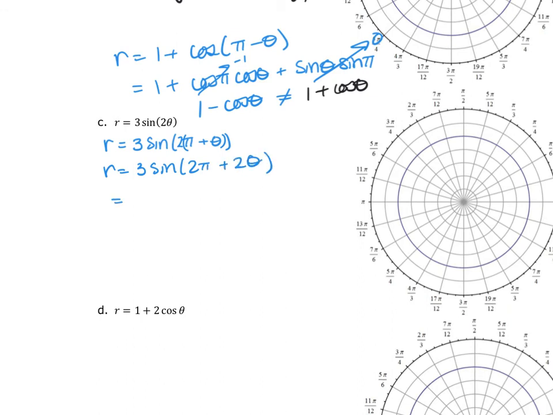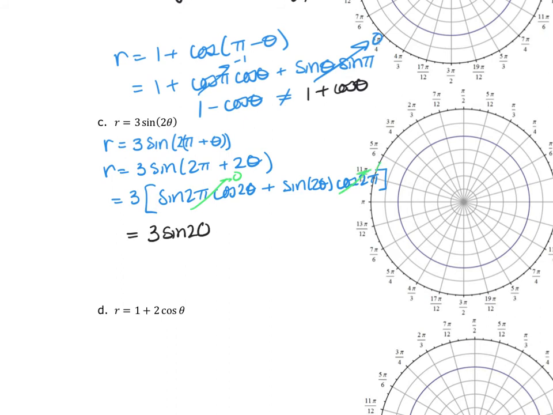So 3, and then I'm going to have the sine of 2 pi, cosine of 2 theta, plus the sine of 2 theta, the cosine of 2 pi. This goes to 0, this goes to 1, and I end up with 3, the sine of 2 theta.